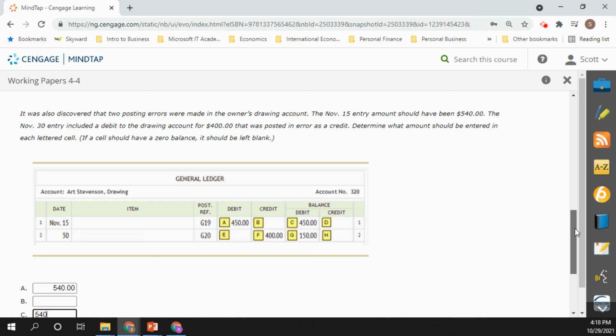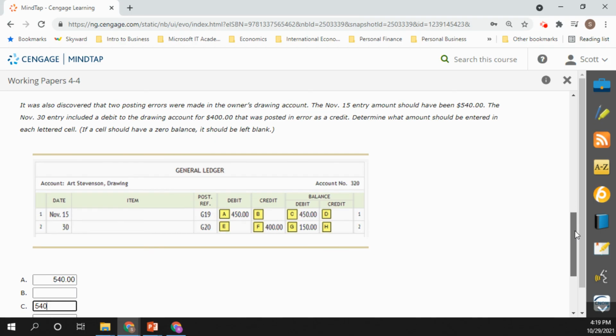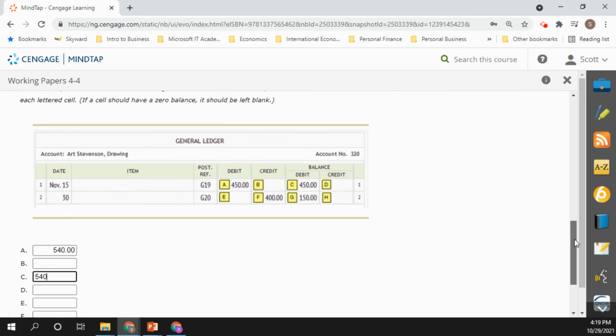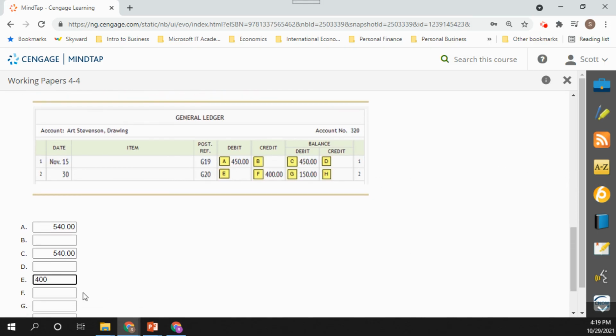The November 30th entry, the drawing account for 400 that was posted in error as a credit. Determine what amount should be entered in each lettered cell. Well, cell E should have the 400 in it. Cell F should have nothing. We should put 0 in there. It's not going to let us put 0. Does it let us do 0.00?